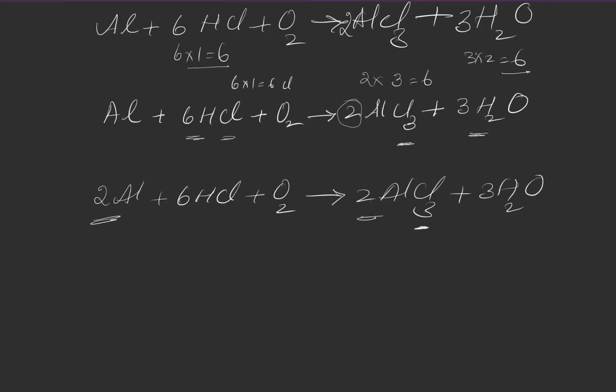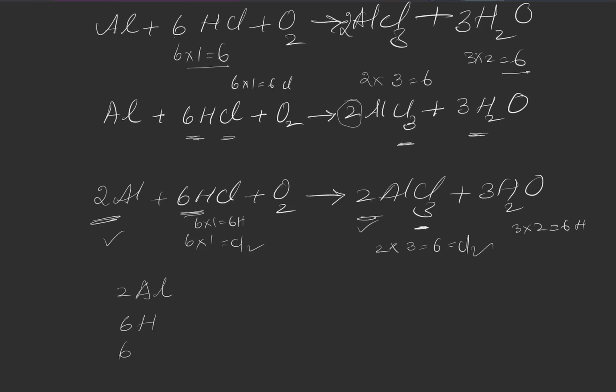Now you can see that 2Al, 2Al, 3Cl, 3 into 2, 2 into 3, 6. Here 6 into 1 equals 6 Cl. So 6Cl, 6Cl, correct. 2Al, 2Al, right. 6 hydrogen, 3 into 2 equals 6 hydrogen. 6 into 1 equals 6 hydrogen. 2Al, 6 hydrogen, 6 chlorine.